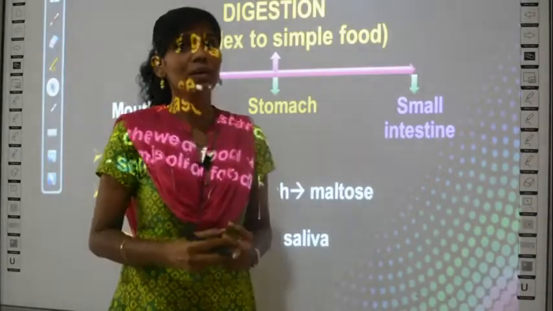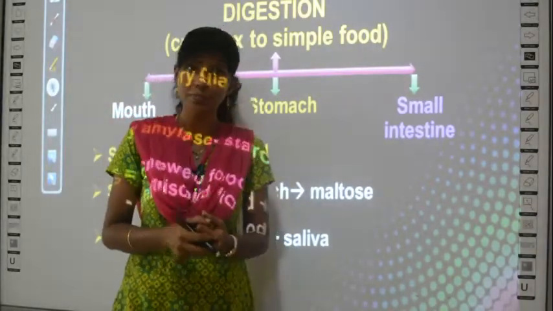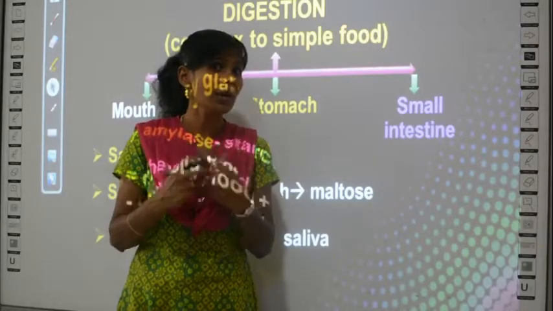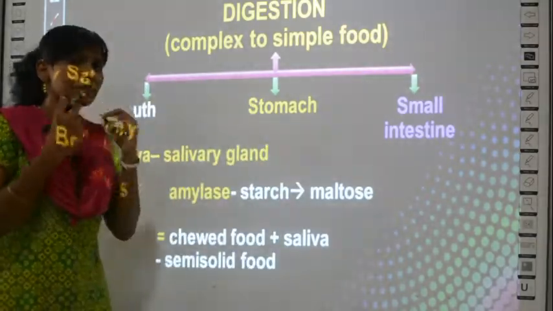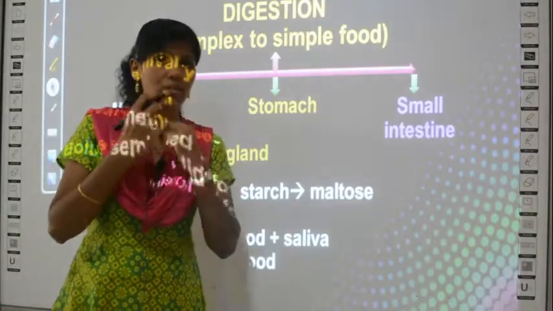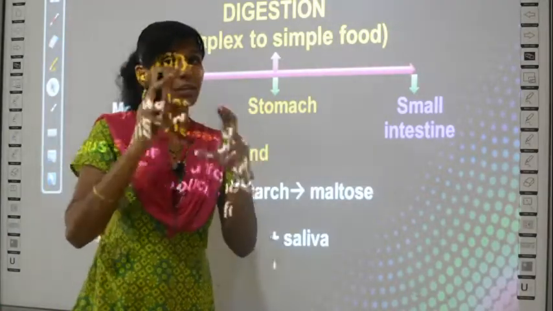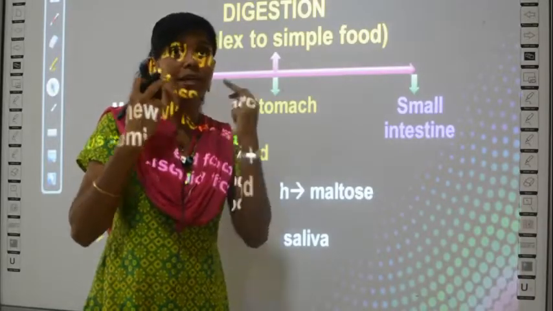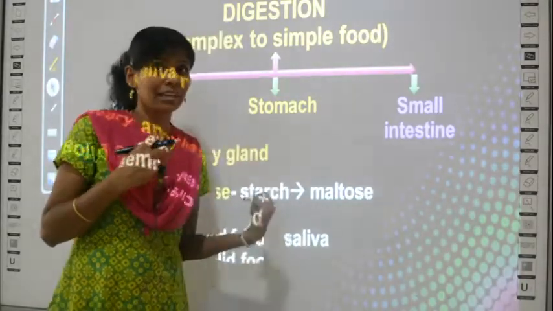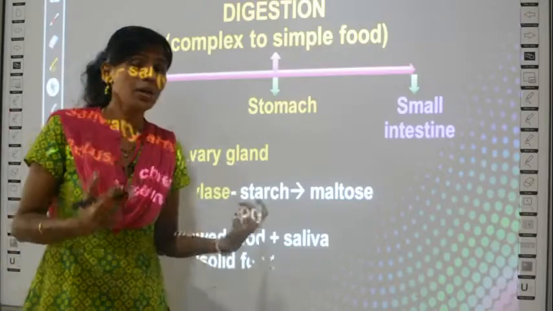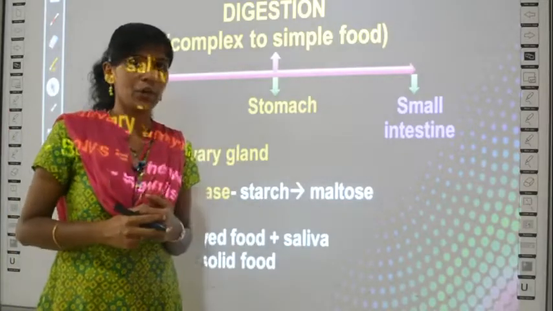The rice that you eat has so much starch. It gives you energy. So suppose you eat rice, in your mouth itself, partially the rice is broken down with the help of your teeth and with the help of salivary amylase. Why? Because this is the enzyme which will act on carbohydrates or starch.